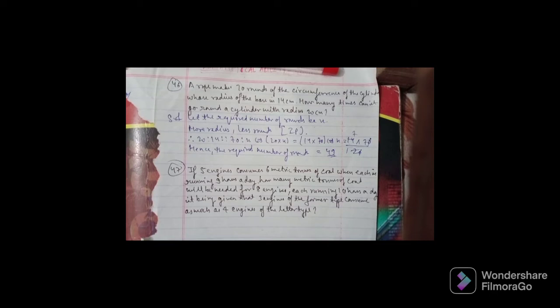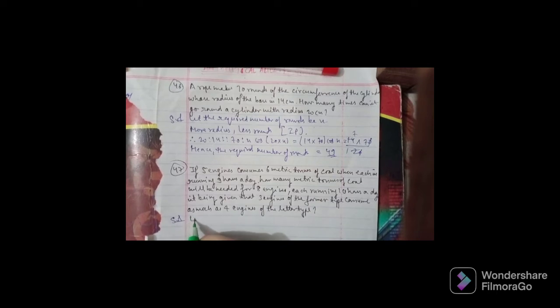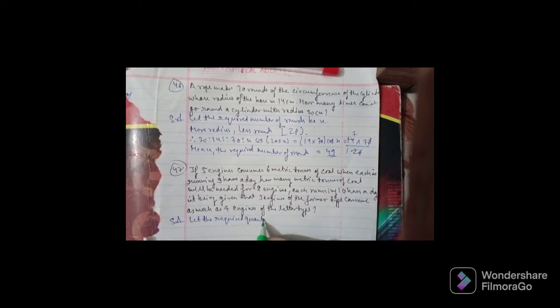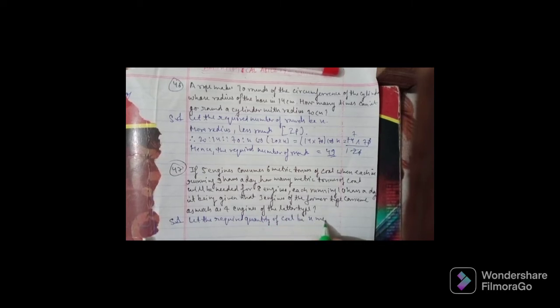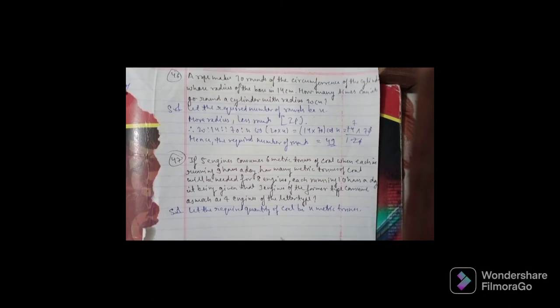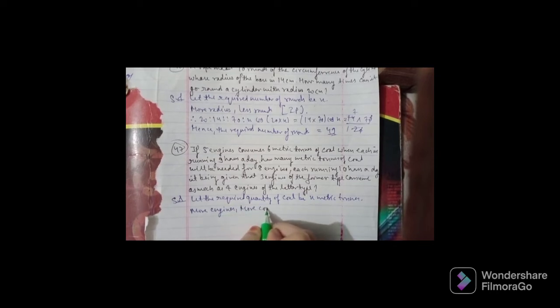Let the required quantity of coal be x metric tons. More engines, more coal: it is direct proportion.